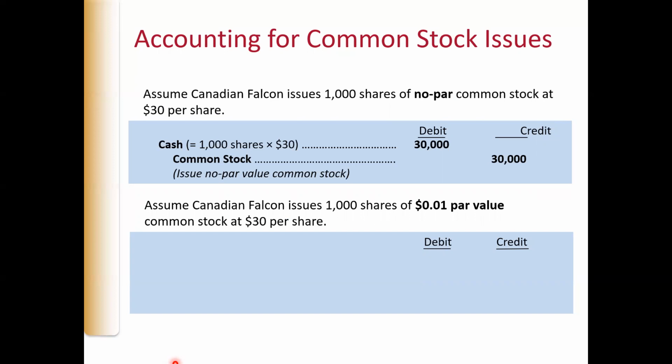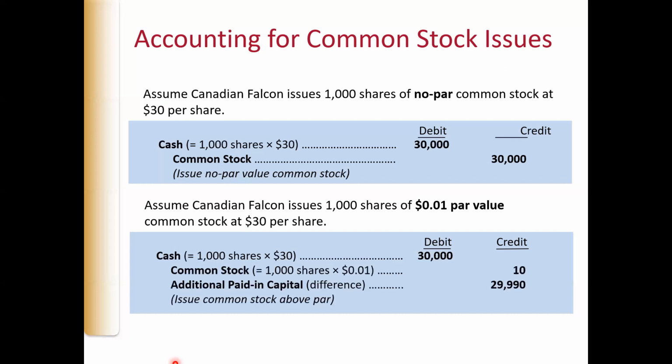Now, it's a little different when we have par value. When we have par value, we break down the amount of par value and the amount of additional paid-in capital. We still debit our cash, but with common stock, we'll only take those 1,000 shares times the amount of par value.